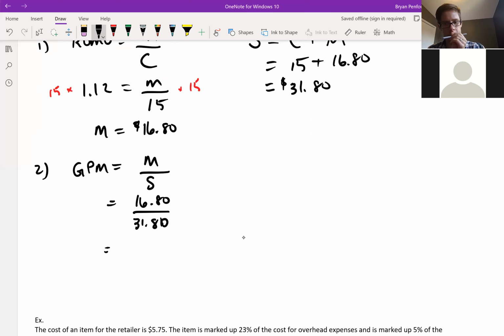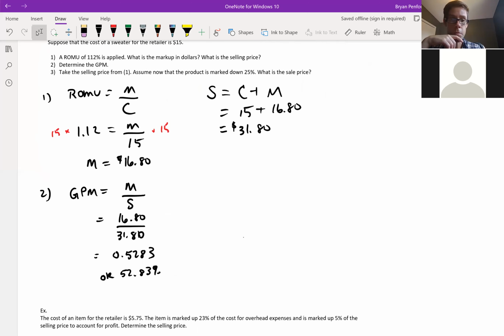Yeah, that's what I get as well. I get 52.83%. So that's one way that we can calculate the gross profit margin for this particular question.